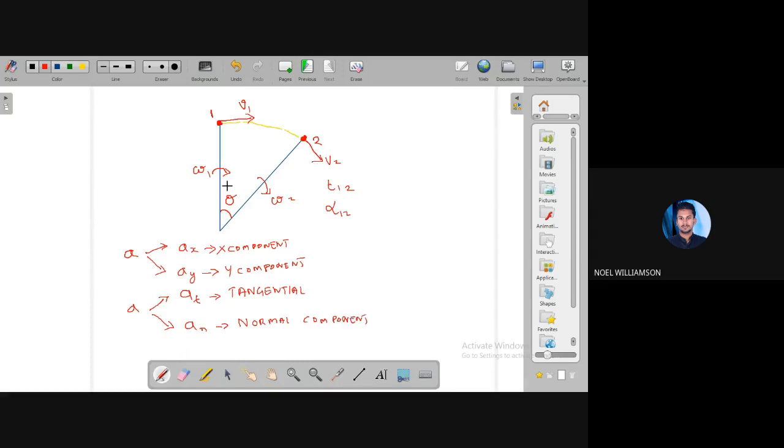Tangential component means, if we are considering this point, the tangential component of acceleration will be like this, and the normal component will be in the normal direction, an. So we will have two components.